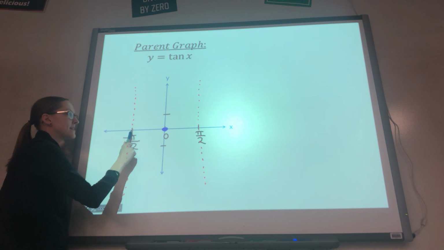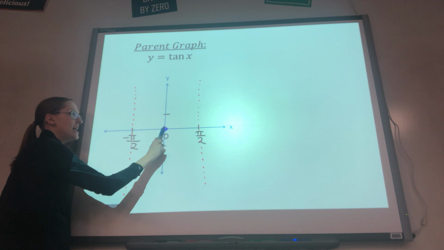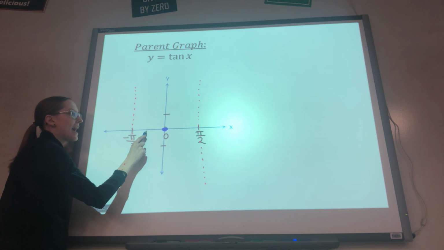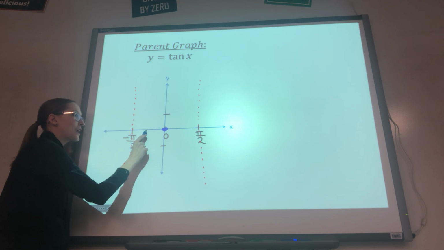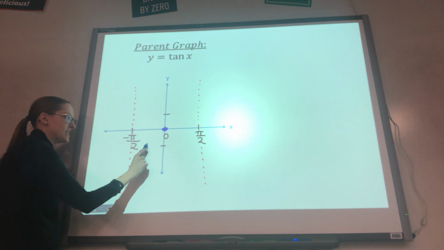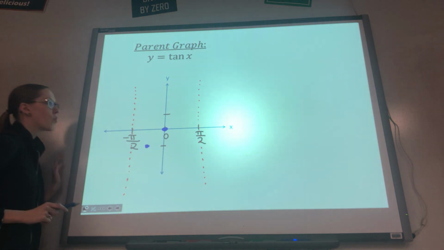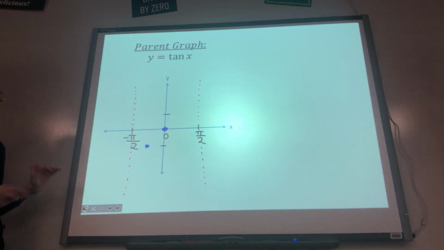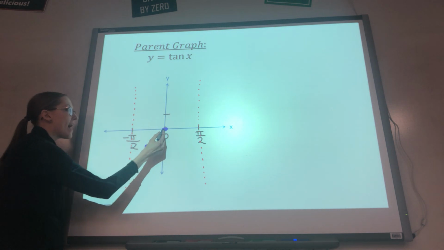If you take your pencil and go about halfway between the center point and the left asymptote, I'm not asking you to label that, I'm just asking you to go there. And then since it goes down to the left, I'm going to bring my pencil down to wherever my amplitude tells me. In this case, it's down to -1, and there would be another point on your graph.